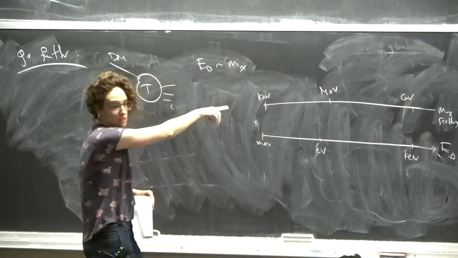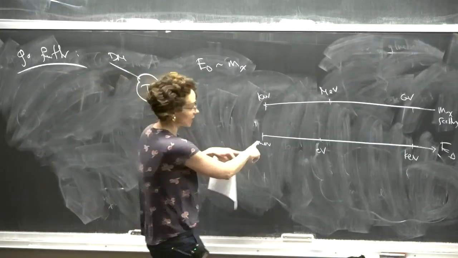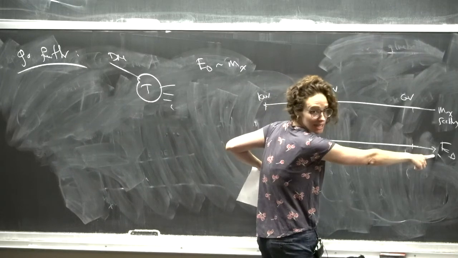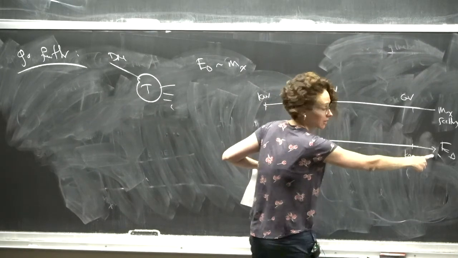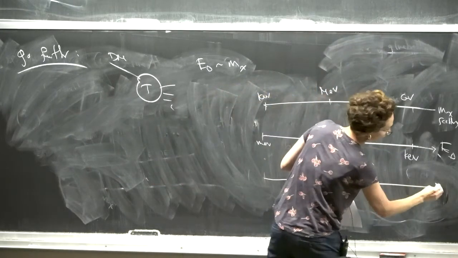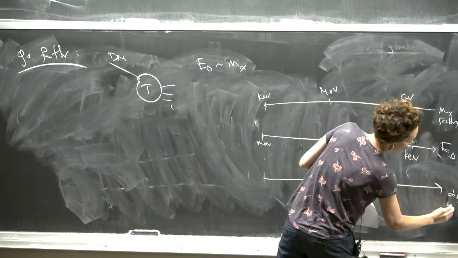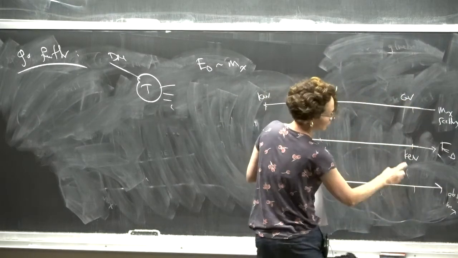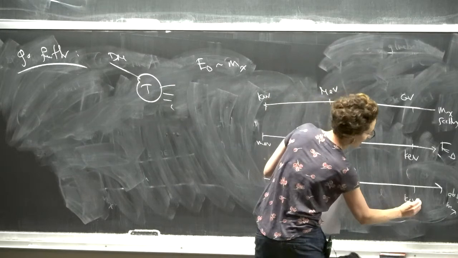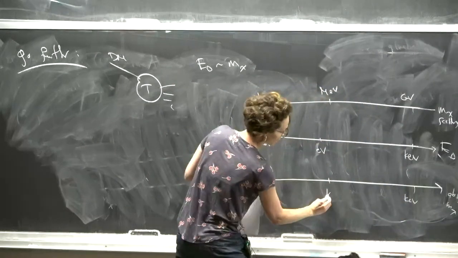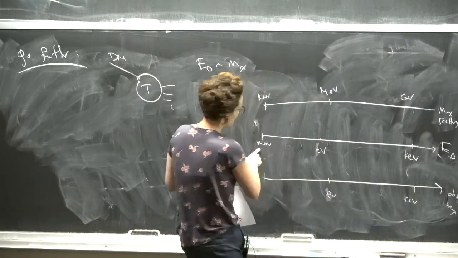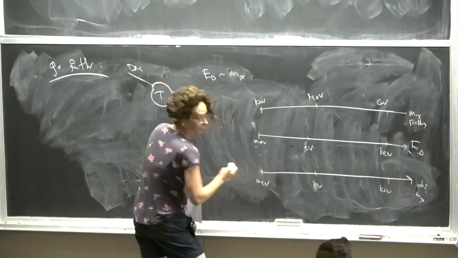So there was this factor of 10 to the minus 6 between them. What this tells me is that what I'm constructing is an experiment that has certain energy sensitivity. And that tells me that through absorption, I'm also always sensitive with keV scales to keV masses, with eV energies to eV masses, and with meV energies to meV masses.